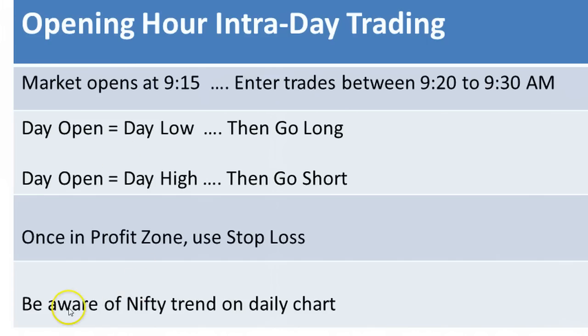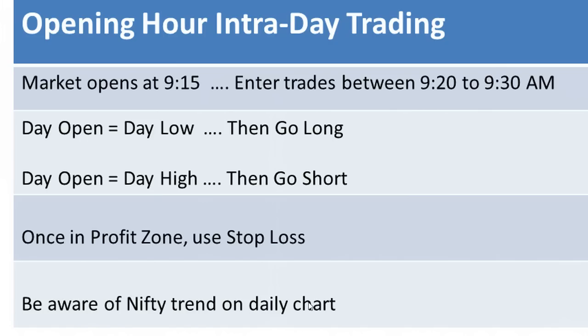The last point is, be aware of the Nifty trend on the daily chart. For this you can watch my other video where I talk about identifying bullish and bearish trends based on double positives and double negatives on indexes like Nifty and Bank Nifty. For example, a couple of days back Nifty exhibited a double positive after a negative trend, so until I see a double negative again, I would say the Nifty trend is positive.